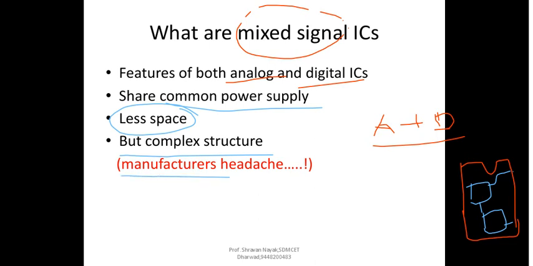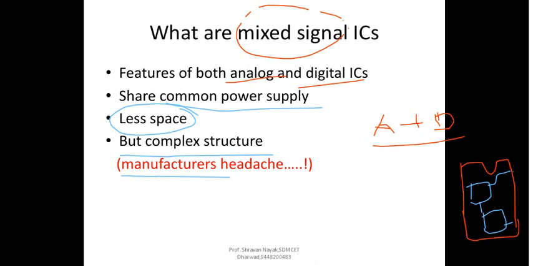It is the manufacturer's headache. As an end user, you will always have a certain IC with you. The only thing is that you should know how exactly to use it, or what the connection guidelines of these ICs are. So these are the basic aspects of the mixed signal IC, which has the features of both analog and digital ICs, shares a common power supply, has reduced space, but is slightly complex in operation.